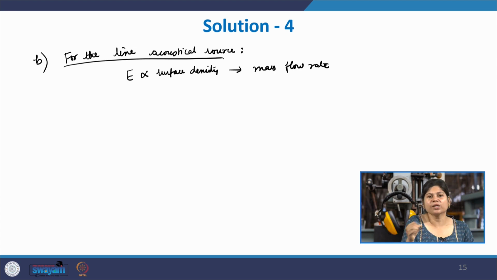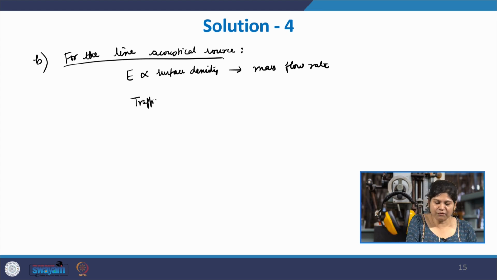You can refer to the lectures on acoustical sources to know the concept behind it, because these sources radiate sound by means of the expansion and contraction of their masses. So, here the energy that is radiated would be directly proportional to the mass flow rate. So, as you increase the surface density, the mass flow rate is going to double.